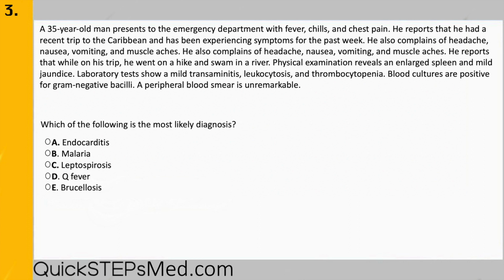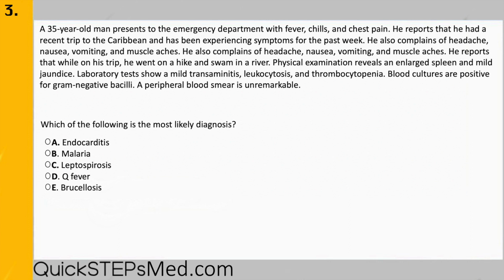Hopefully you're saying no. Usually endocarditis can present in quite a broad range of symptomatology, but you don't often see it affecting the liver, the spleen, and the platelets as often. How about malaria?